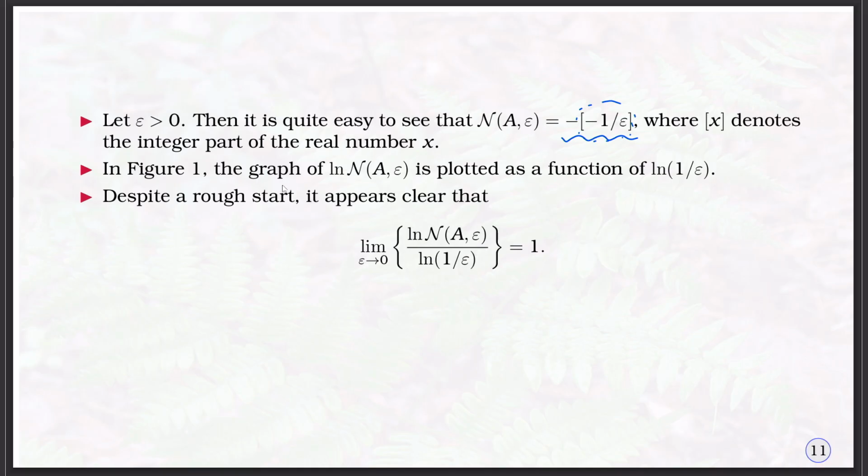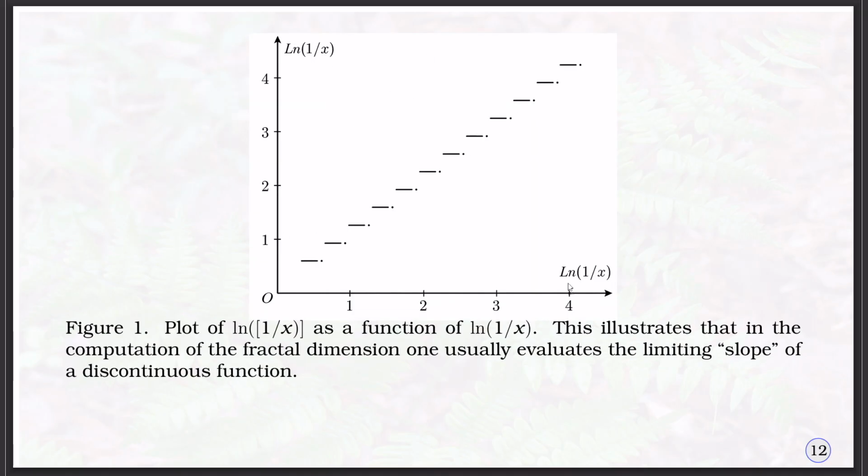In the following figure, the graph of ln of N, the number of boxes, is plotted against ln of 1 by epsilon. It is given here, ln of the integer part of 1 by x is plotted here. It is like a step function.